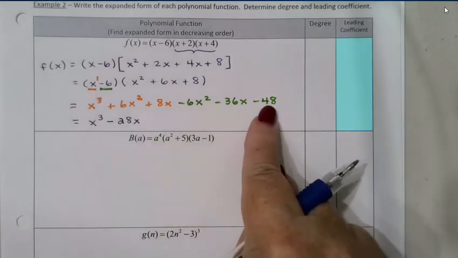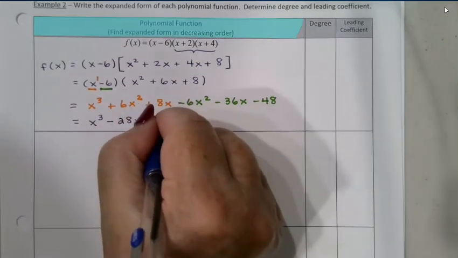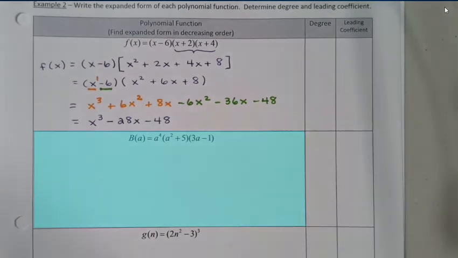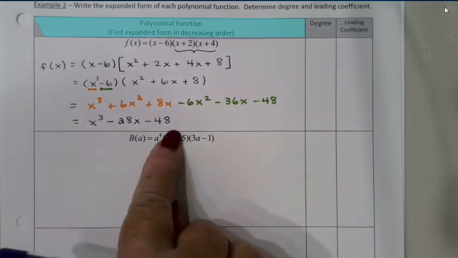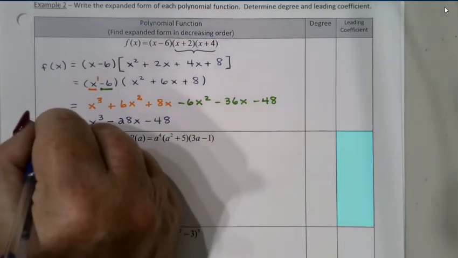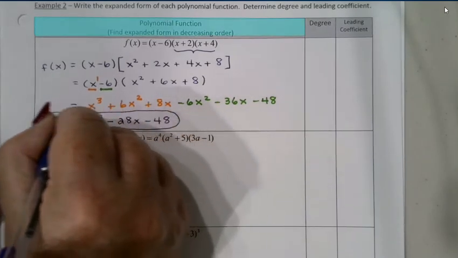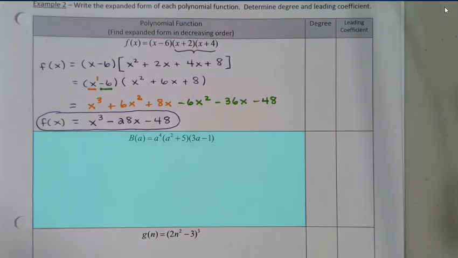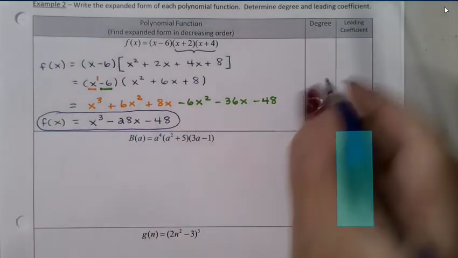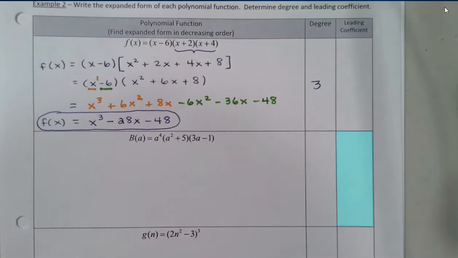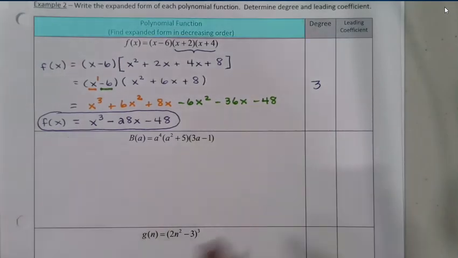And then the constant term, negative 48. So this would be the expanded form of my function. I'll multiply it out. It is, notice, degree 3, and the leading coefficient is just 1.